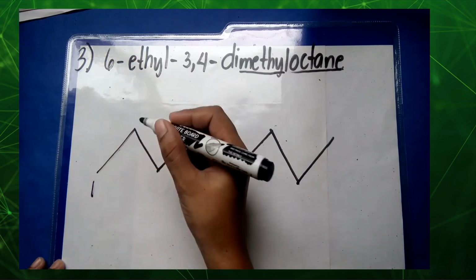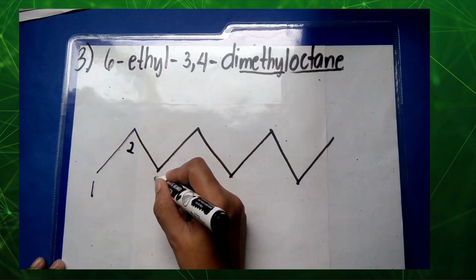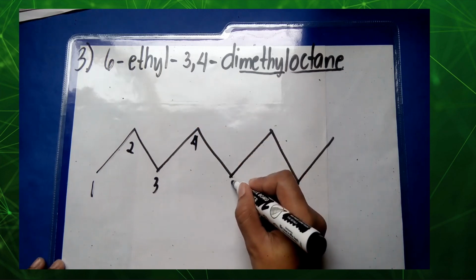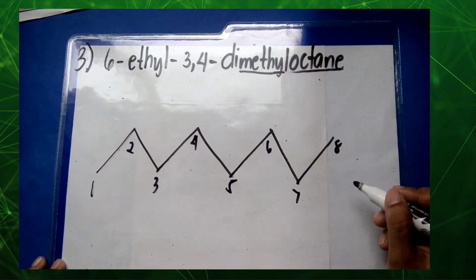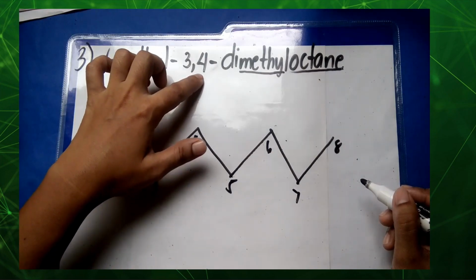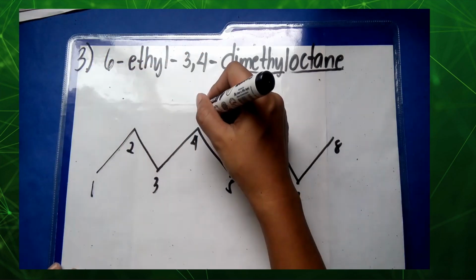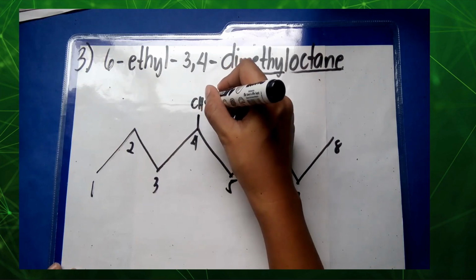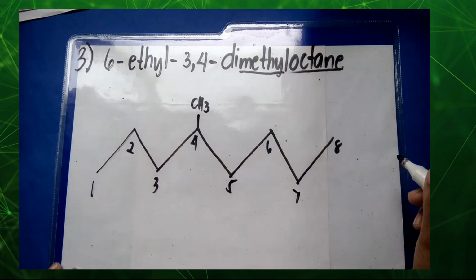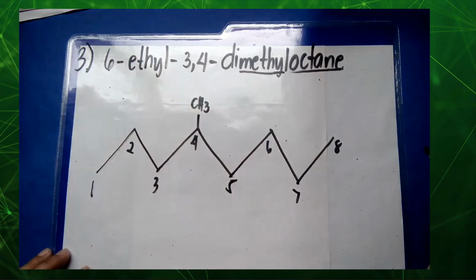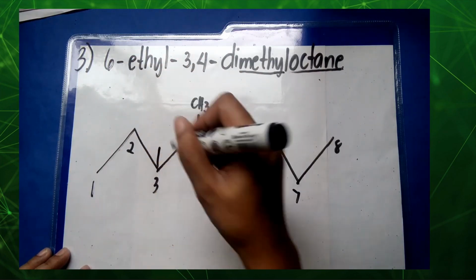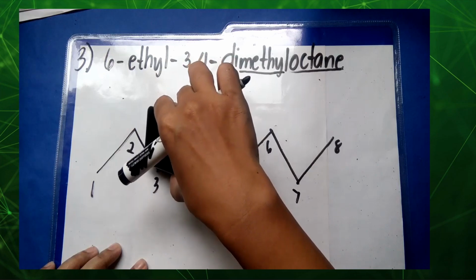So, we have 1, 2, 3, 4, 5, 6, 7, 8. So, nasa number 4, merong methyl. So, let us place here, methyl. And then, nasa number 3, mayroon din daw, methyl. So, right here.